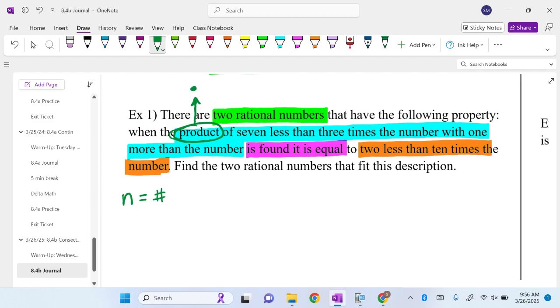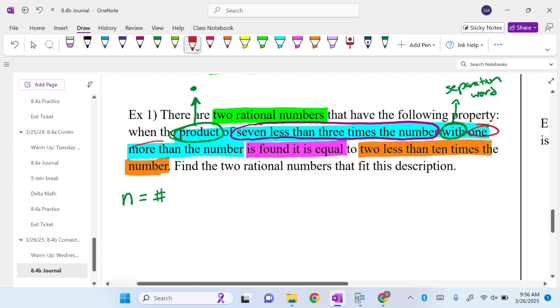With. There you go. It's with. That's the word that separates these two expressions. So this is our separation word. So that means that this first part right here, 7 less than 3 times the number, is one expression. And then 1 more than the number is a second expression.